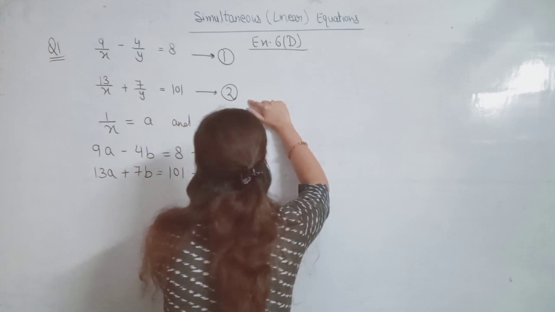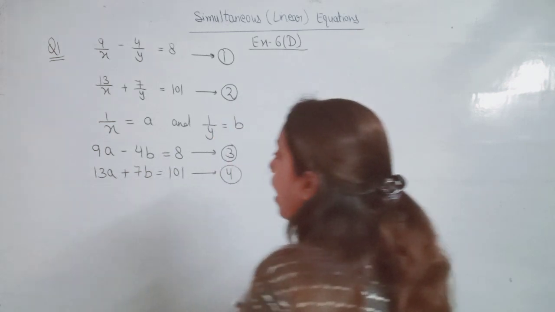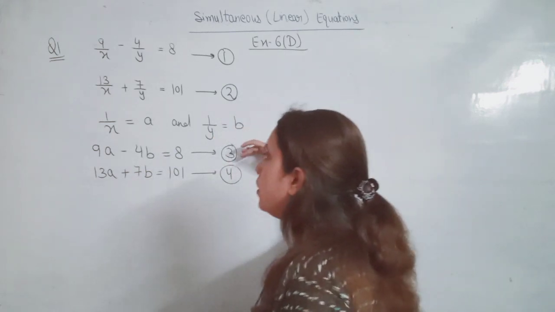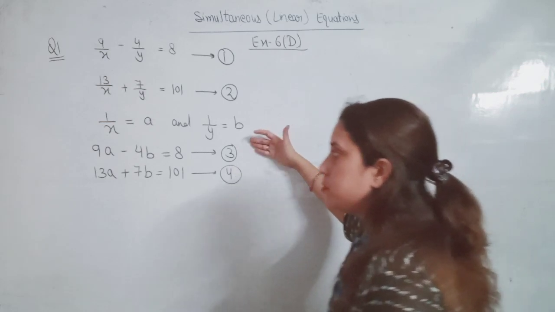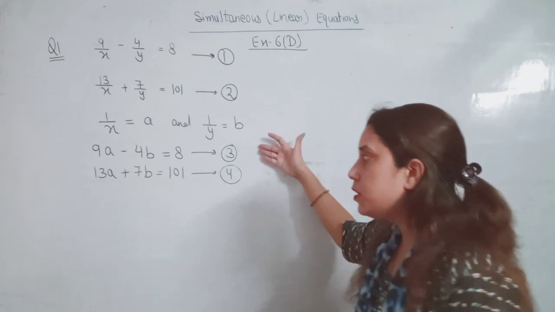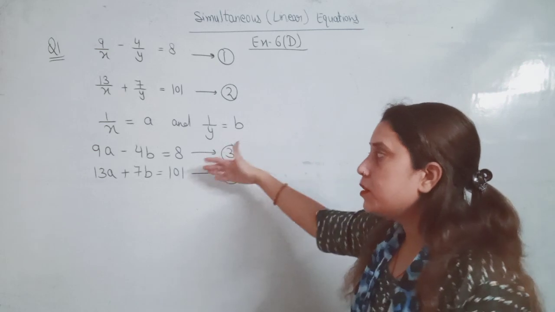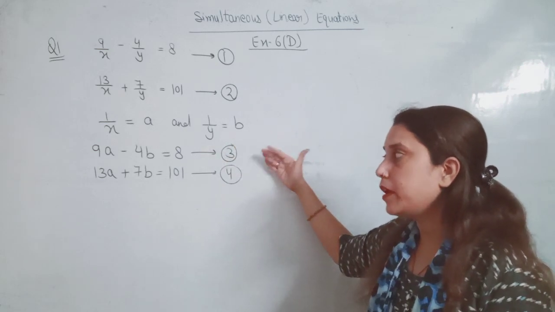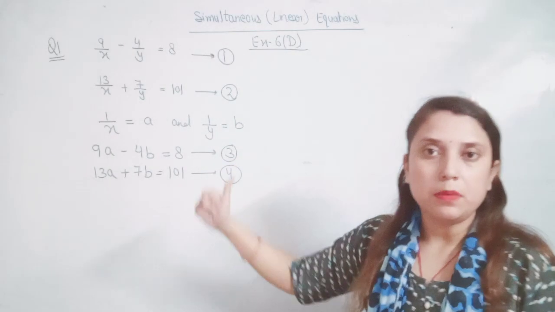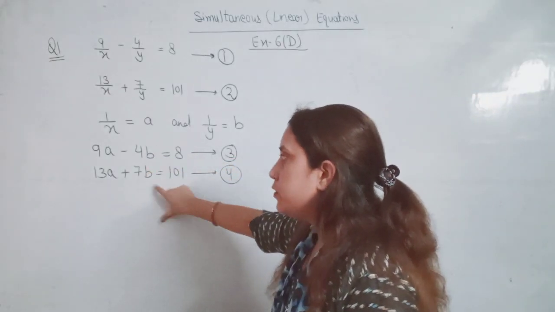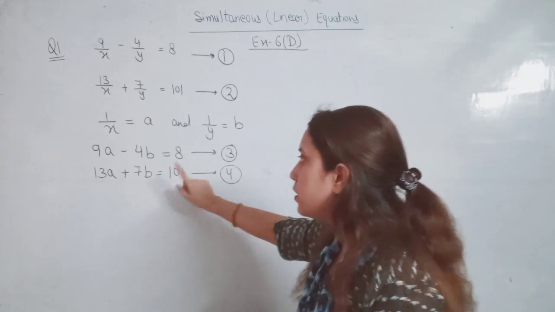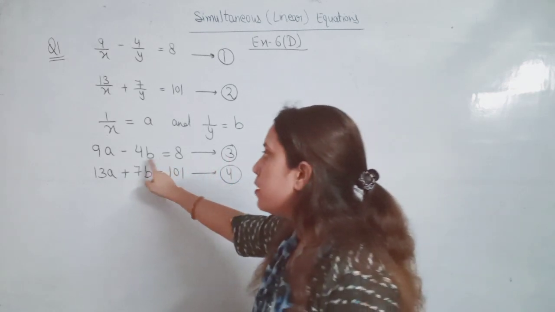Equation 4. Okay. After that, we will use any method out of the 3. Substitution method you can use here, equating the coefficient, and you can also use the cross multiplication method. Here I am using equating the coefficient, and I am equating the coefficient of b.